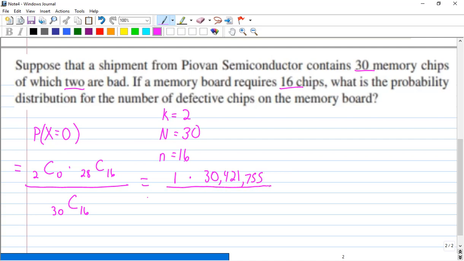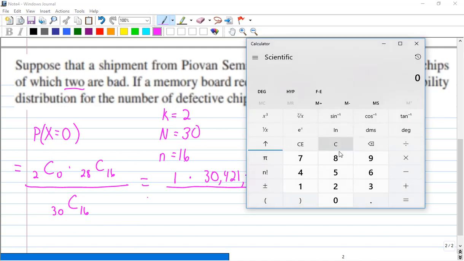Divided by, now I got to do 30C16. So that's 30 factorial. See, look, it's so big my calculator won't even store it. So I'm hoping it doesn't do some rounding here. So 30 factorial divided by, what's that going to be, 14 factorial.